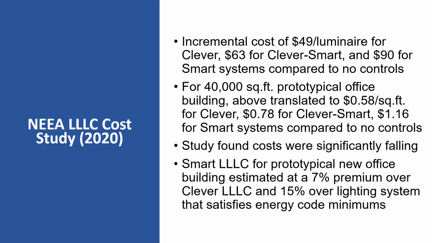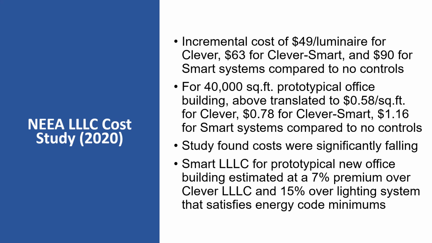The Alliance estimated a total average incremental cost for each of the 3 major types of luminaire-level lighting control systems. Based on a 40,000 square foot prototypical office building, the average incremental cost breaks down to 58 cents per square foot for clever systems, $1.16 per square foot for smart systems, and 78 cents per square foot for clever-smart hybrid systems.